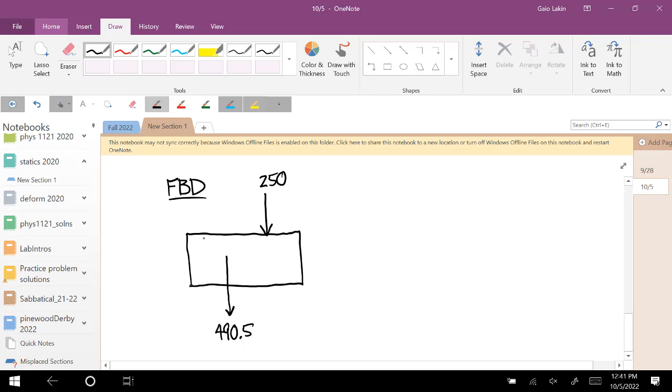The pin joint at the upper left applies an unknown force vector, so I'll call that RA vector. And then the pin and slot joint, if this is the slot, we know that that force is perpendicular to the slot.